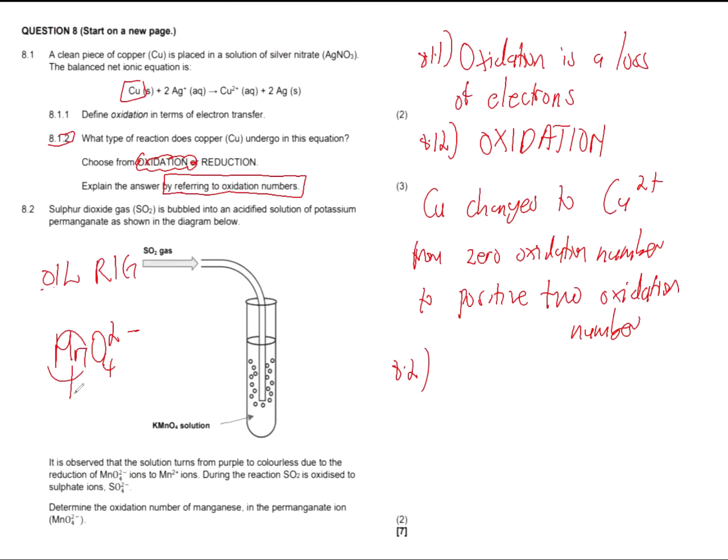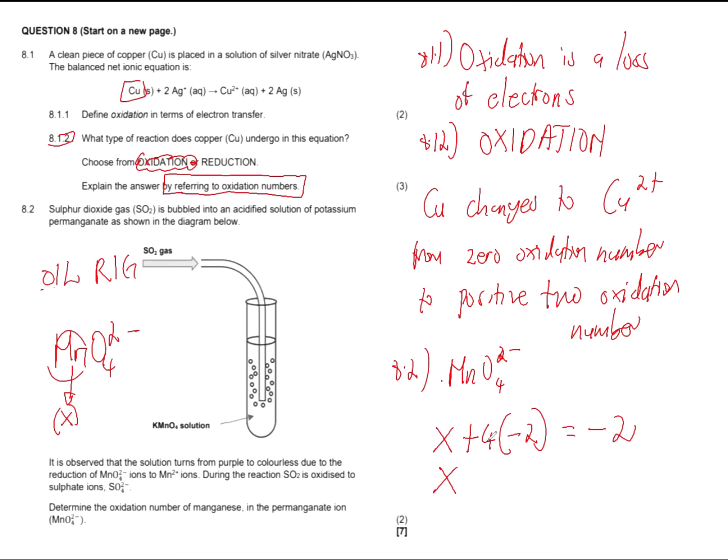So we can represent the oxidation number of manganese as X. Using MnO4 2 minus, we have X, but then we have how many oxygens? 4 of them. Each oxygen has an oxidation number of -2. Now, as a whole, the permanganate ion must give us an oxidation number of -2.